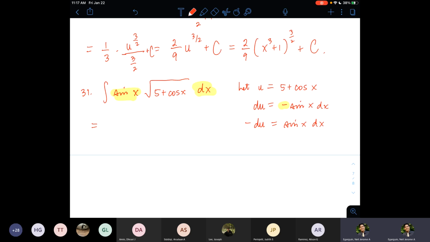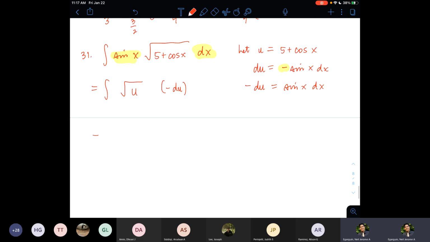So if you carry on, sine x dx, the highlighted portion, is just negative du. And then the radical will just be the square root of u. Almost the same as the previous case that we had. So this would be negative integral of u to the 1/2 du.